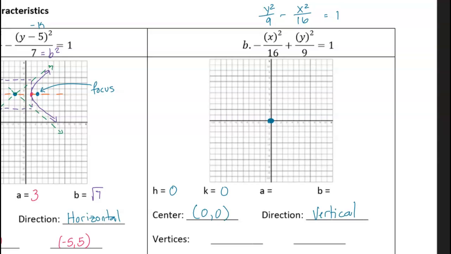A hyperbola, the A value is always under the positive term. So here, A squared is equal to 9, meaning our A value is 3. And then, therefore, the B value is the other one. So this time our B is 4.